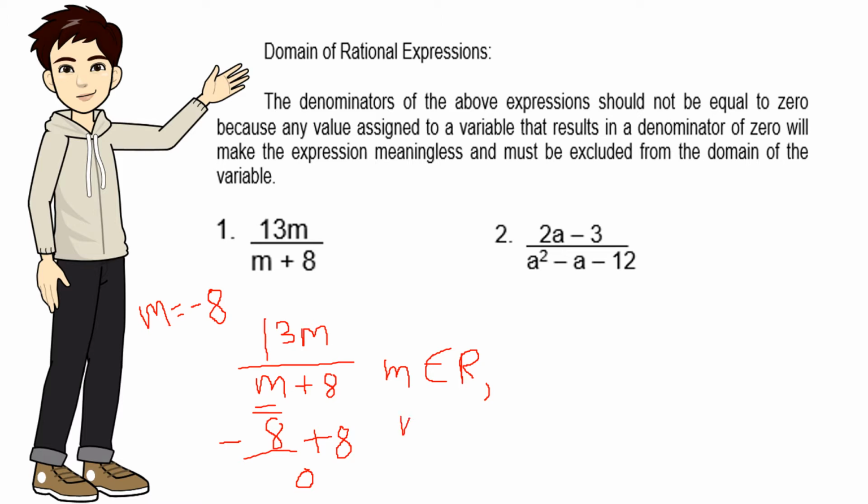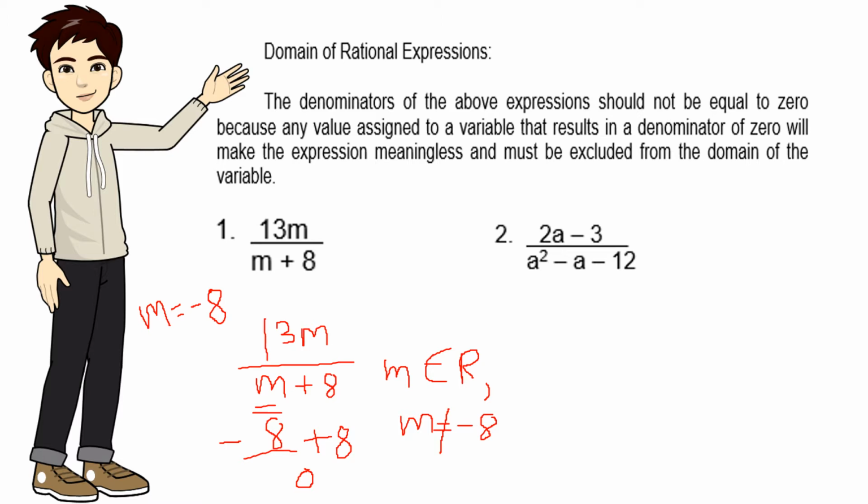where m is not equal to negative 8. Sa lahat ng numbers, pwede natin gamiting value ng ating variable m except yung negative 8. So pag ginamit natin ang negative 8, the result is equal to 0.